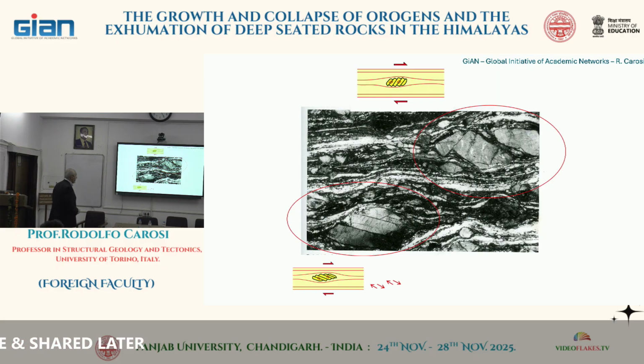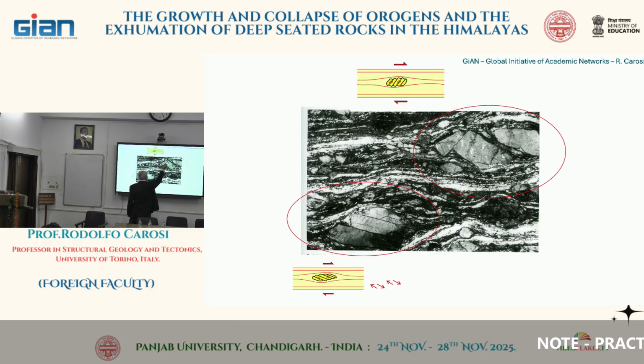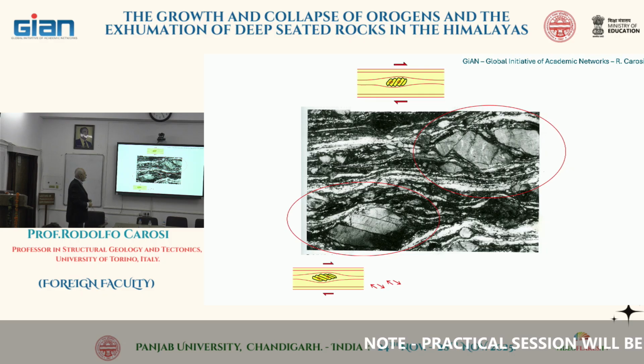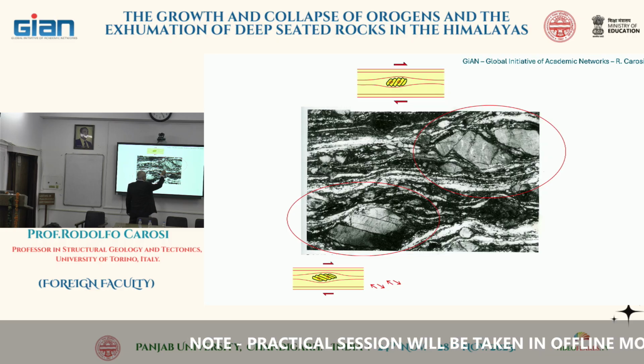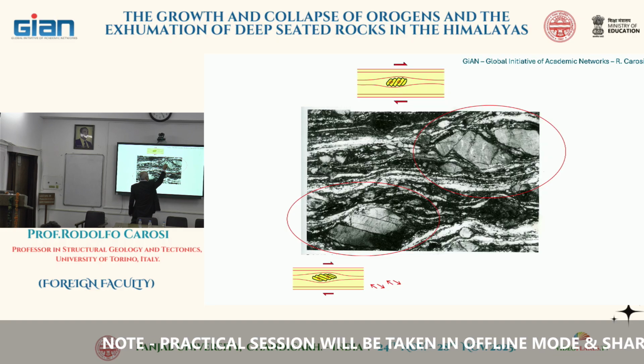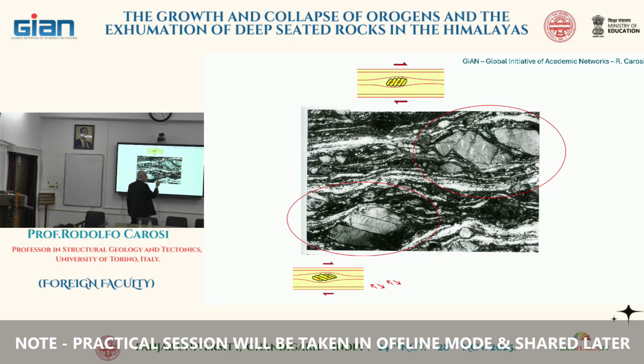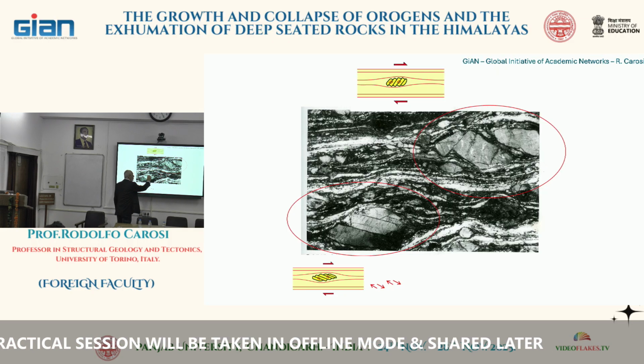In this section, you can have also small synthetic fracture and antithetic fracture, pointing to the same sense of shear. The main problem with this kind of indicators is that if the angle is very high, it is okay. If it is very low, it's okay.